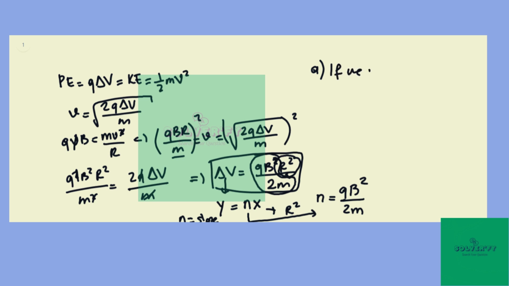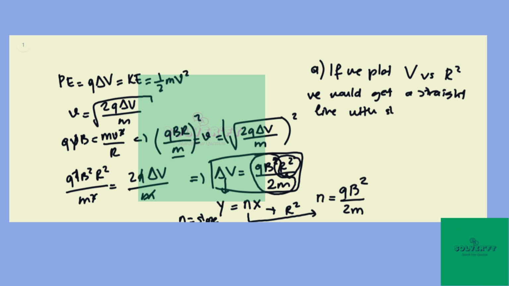Now if we plot V versus r squared, then we should get a straight line, right? So then the line has a slope n equals QB squared over 2m.